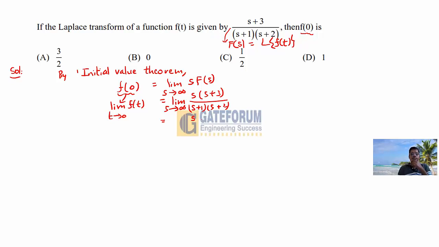So that is inverse terms. In s plus 3, take s outside, so this can be written as 1 plus 3 by s. In s plus 1 and s plus 2 also take s outside, so s into 1 plus 1 by s, and s into 1 plus 2 by s.